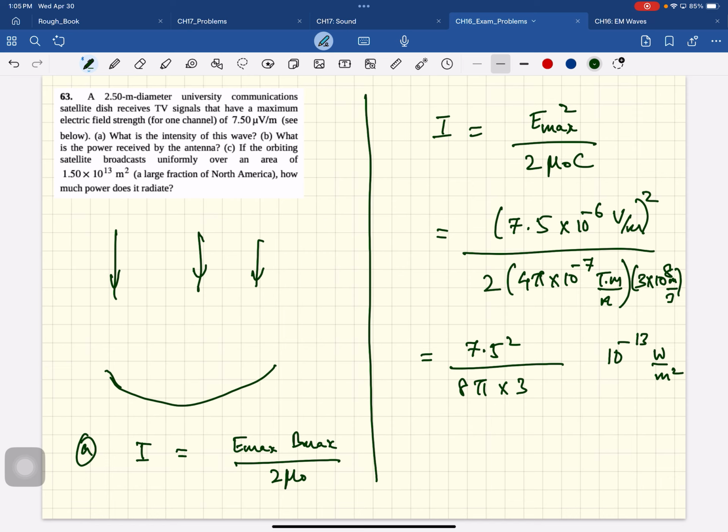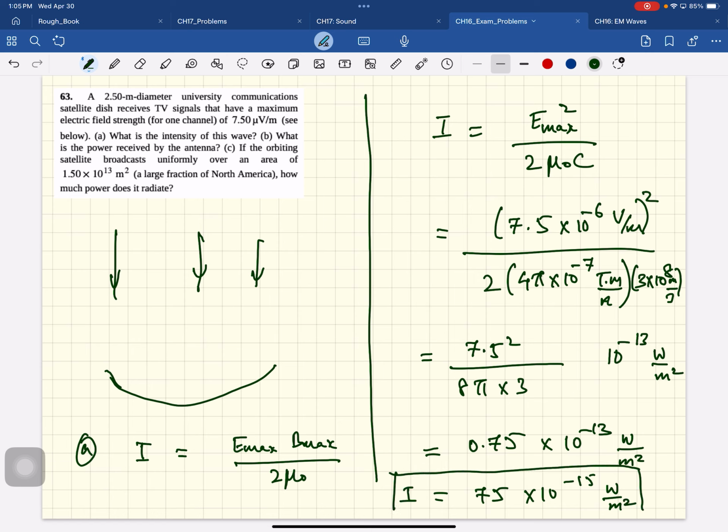Okay, 0.75. So that's the intensity falling on the antenna.